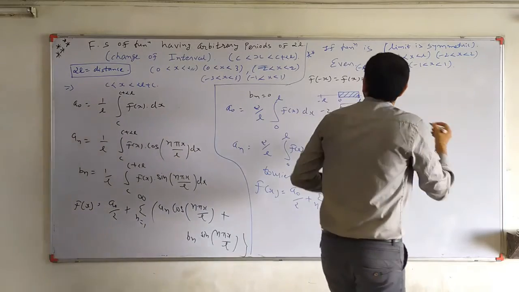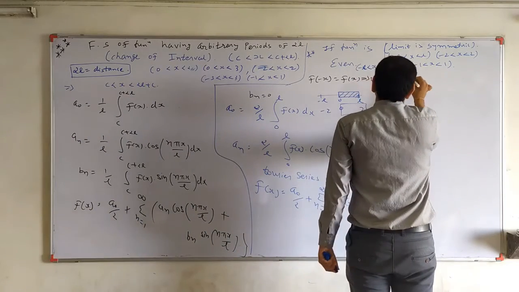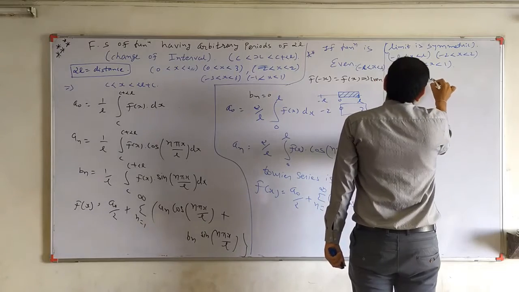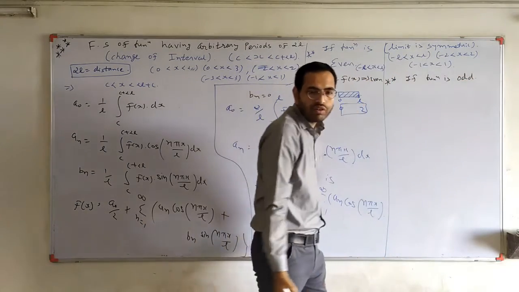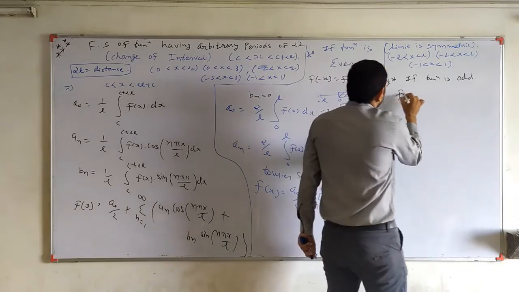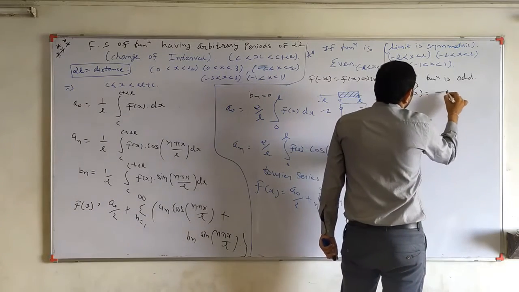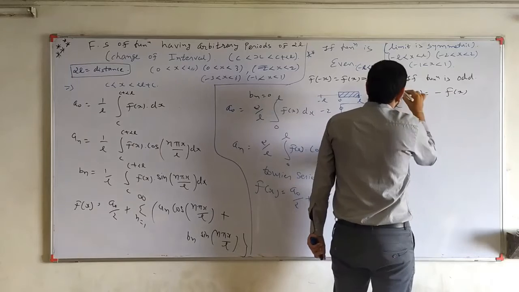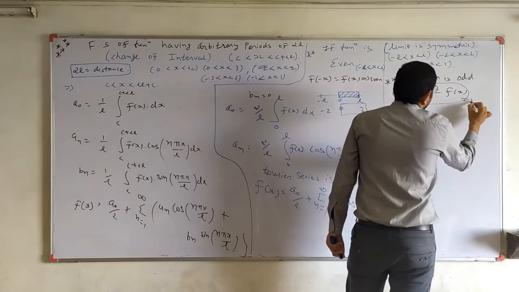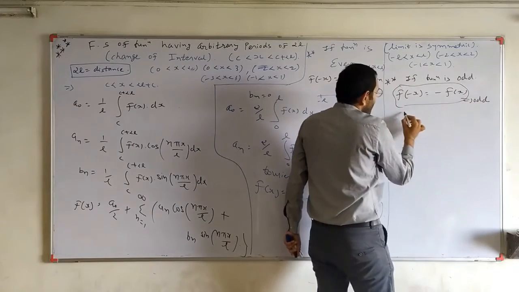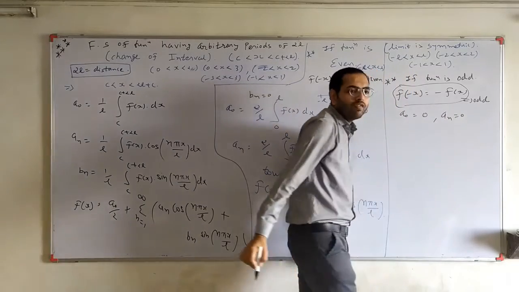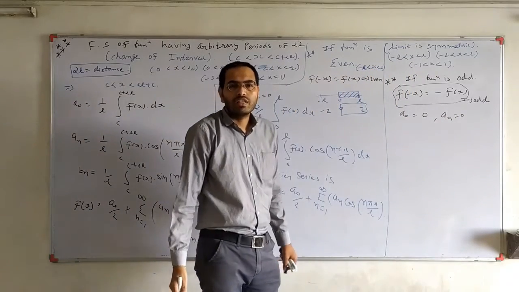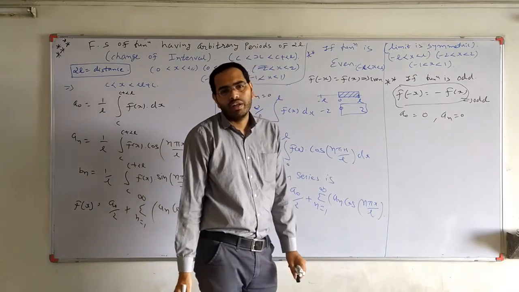If the function is odd, how do we identify that the function is odd? If f of minus x equal to minus f of x, then we can say that the given function is odd. If it is odd, then a0 and an we put directly 0. No need to find a0 and an.